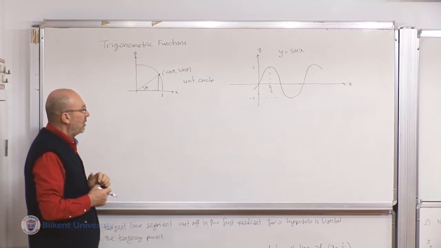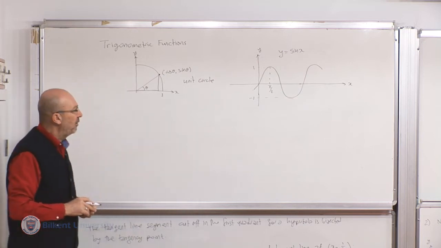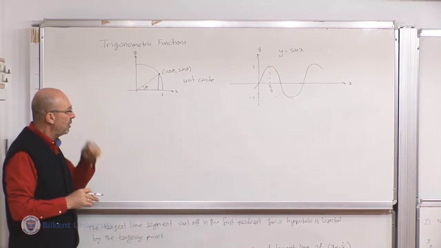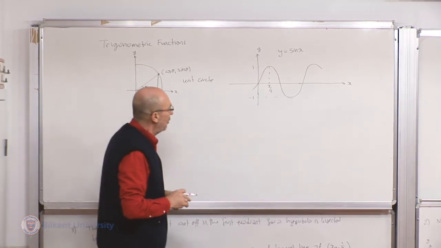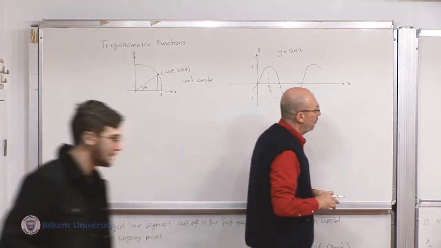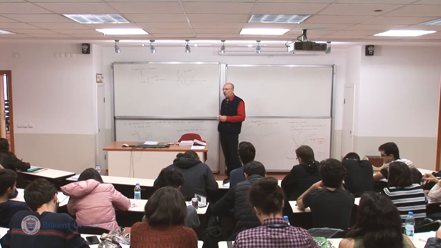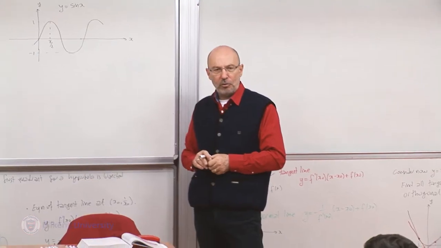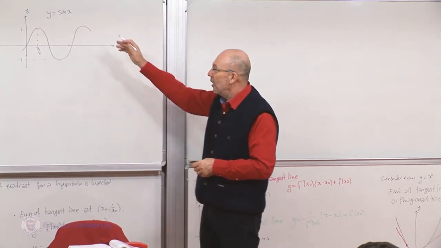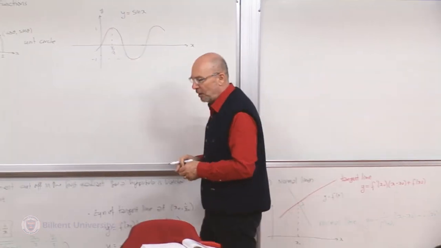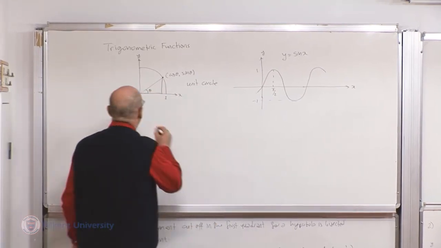What we are trying to understand at this point, since we are talking about derivatives, is the derivative of sine x. For this we will need a certain limit. The limit of sine theta over theta as theta goes to 0 is the crucial calculation in calculating the derivative of sine x. So let me start with these.